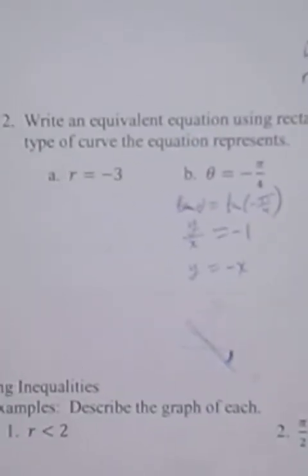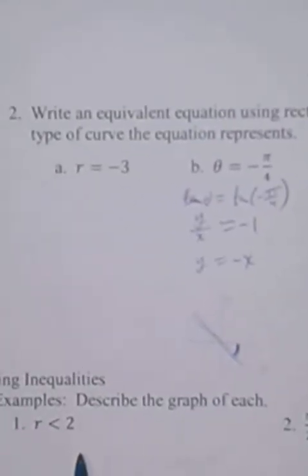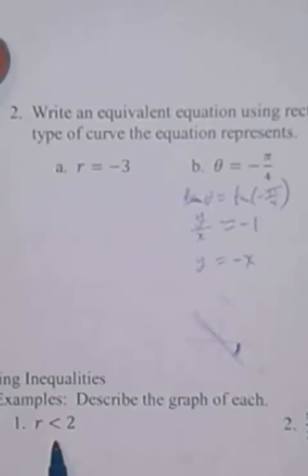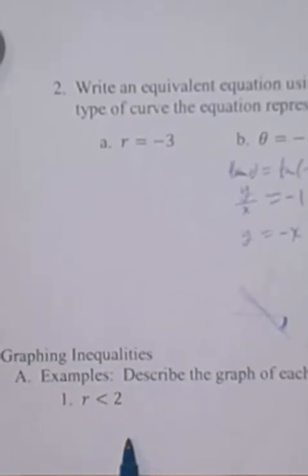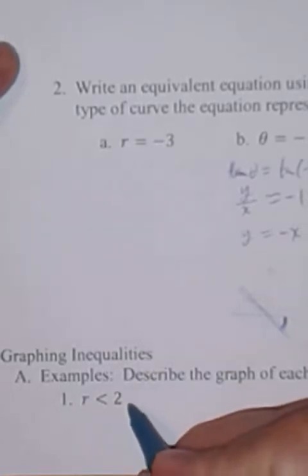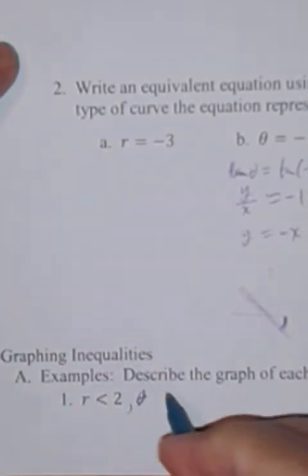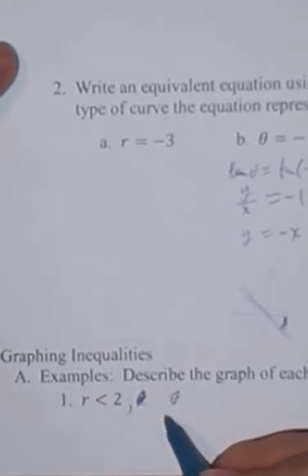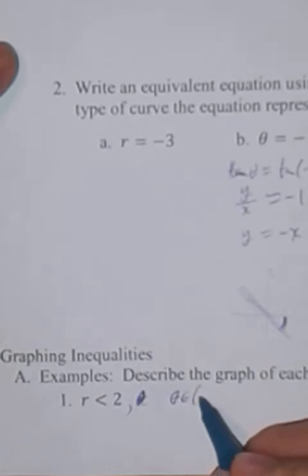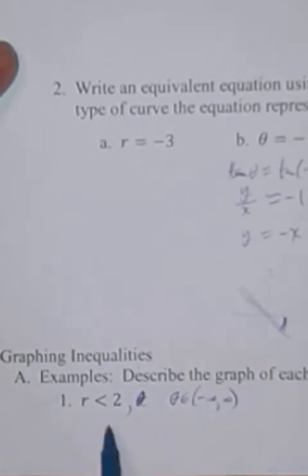Alright, let's look at the last part. And this one, r is less than 2. So r is less than 2, that means the radius, or the distance, is less than 2. And what that means is theta is anything, right? So theta goes from negative infinity to infinity on this one.